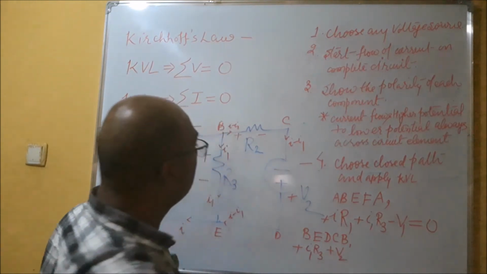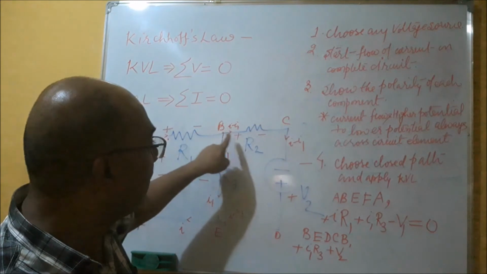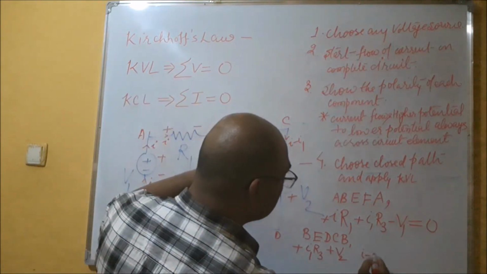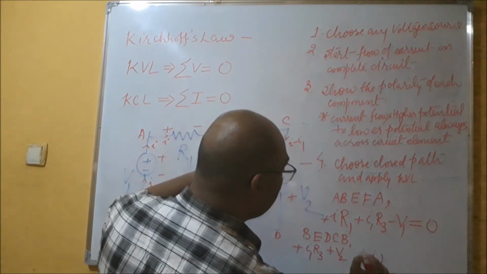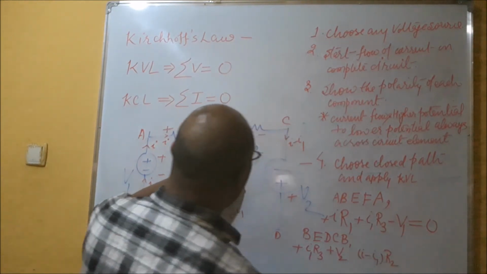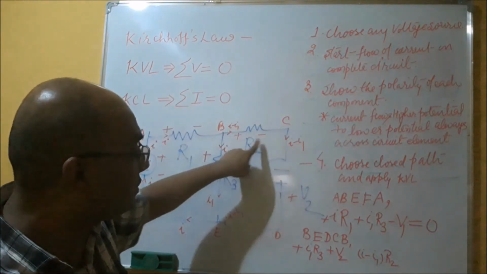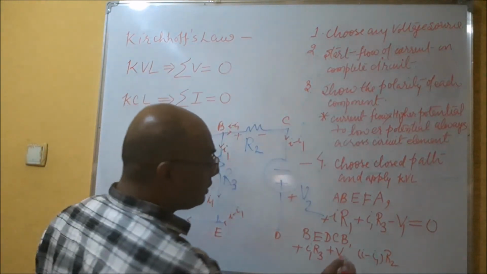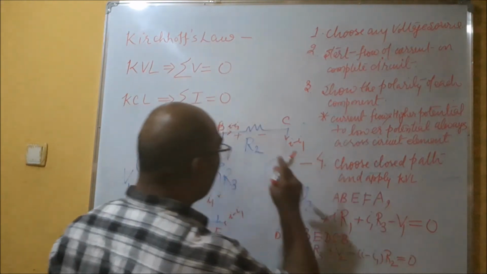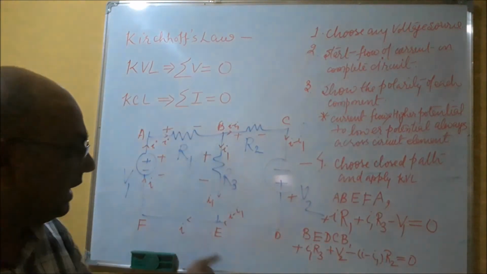V2. At point C to B, the voltage is (I minus I1) into R2. And since we are moving from minus to plus, it would be minus. And all the terms are taken.